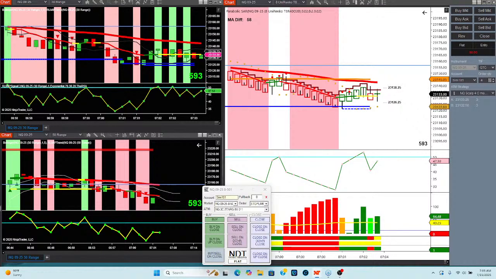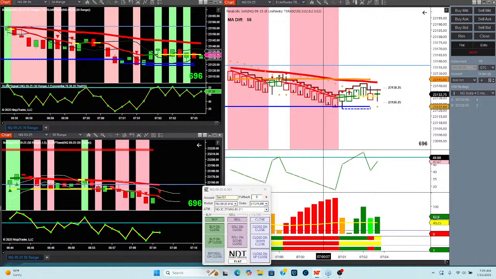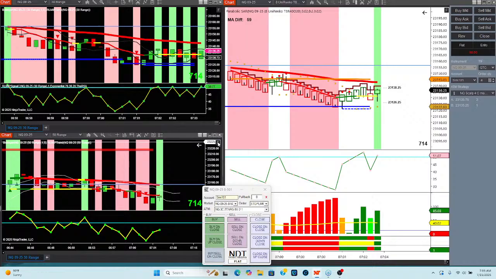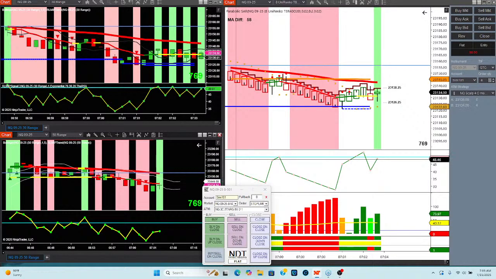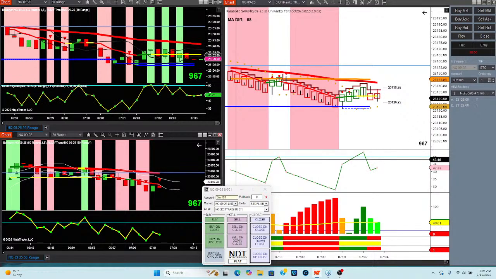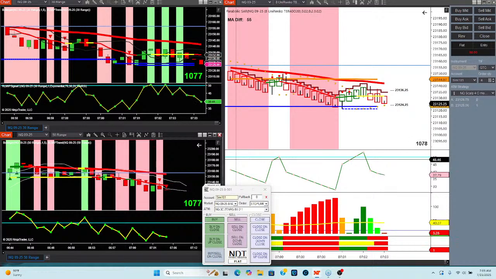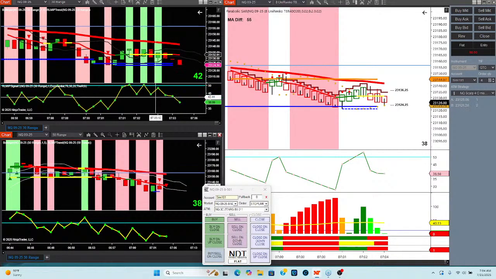I'll tell you, these are times when I really like trading the 20-unit Renko. It gets around all these little wiggles, but we'll keep going. All right, now I've got all these volume zones here.